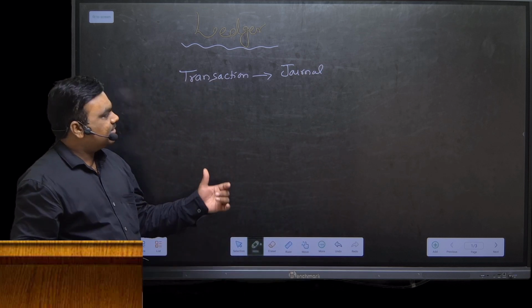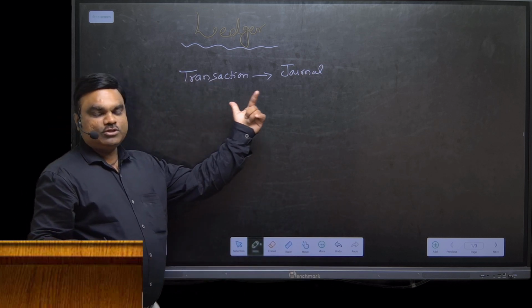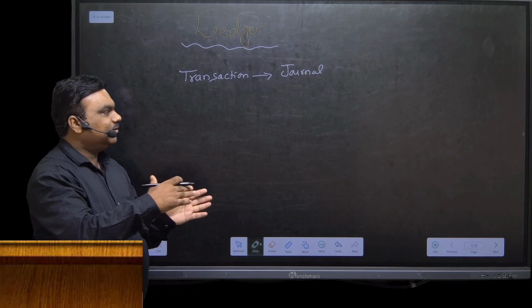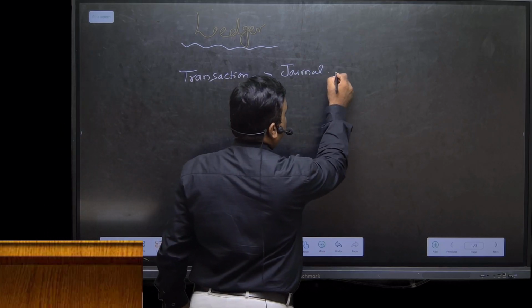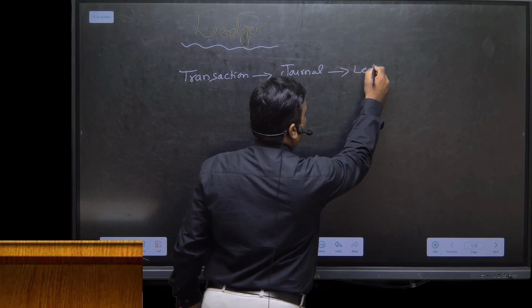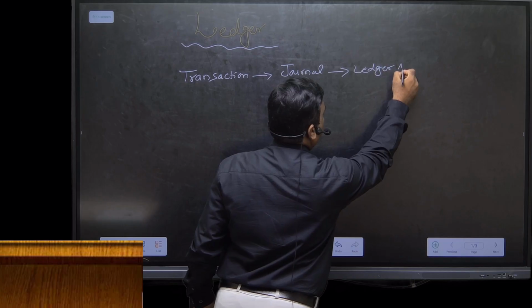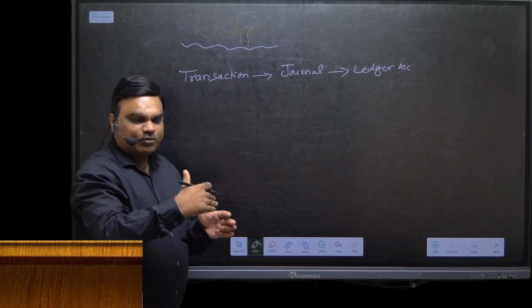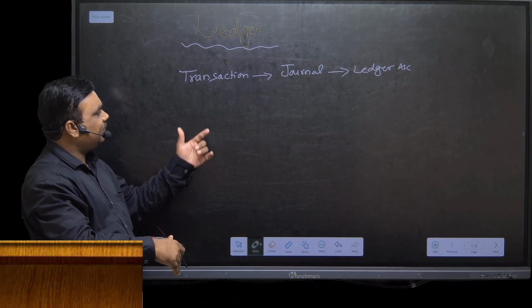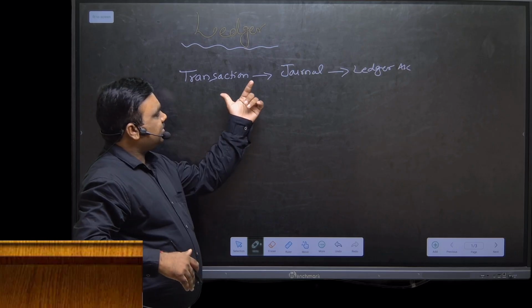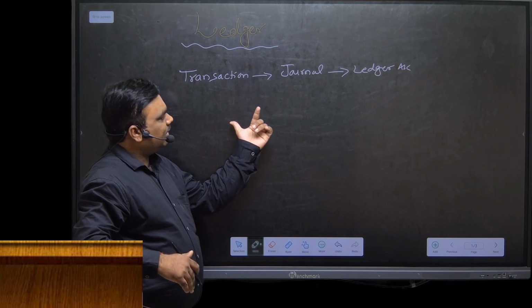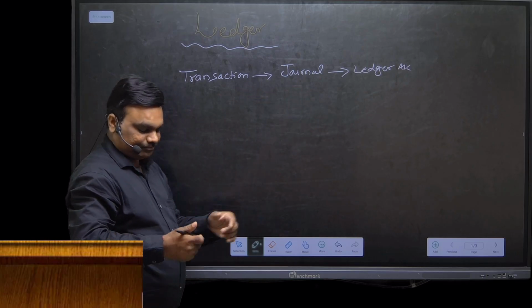After journal, from journal they are to be posted into ledger account. This is the sequence of recording the particular transaction. From journal, all the transactions are recorded from journal to ledger.